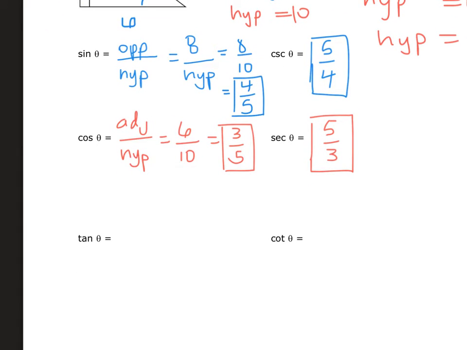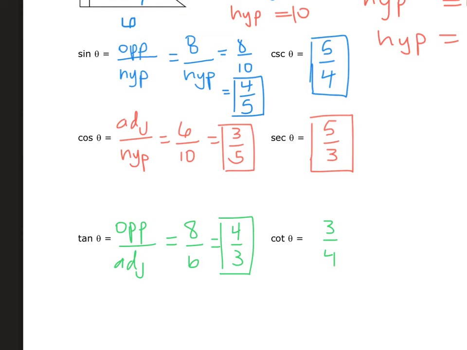Tangent, opposite over adjacent. Right, so we take 8/6 reduces to 4/3. And cotangent is the reciprocal, so that gives us 3/4.